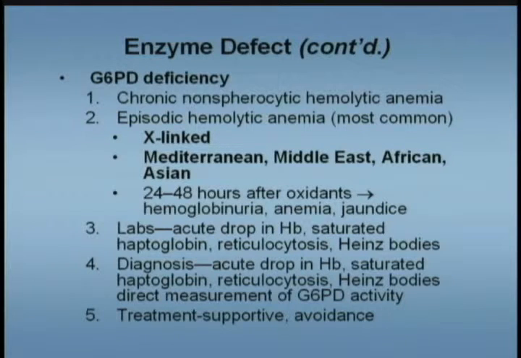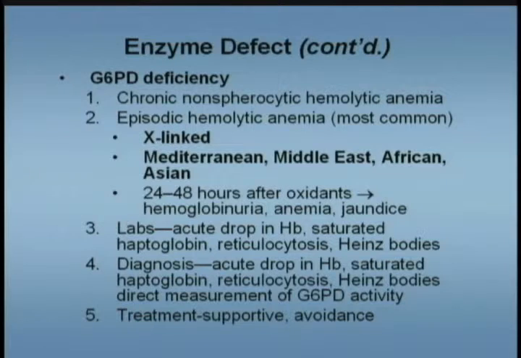The diagnosis of G6PD deficiency can also be made with a direct measurement of activity of G6PD. Treatment is basically supportive, and certainly you need to avoid any of the triggers. So fava beans, you need to avoid certain medications, the antimalarials, for example. Sulfa drugs can trigger G6PD, and naphthalene.